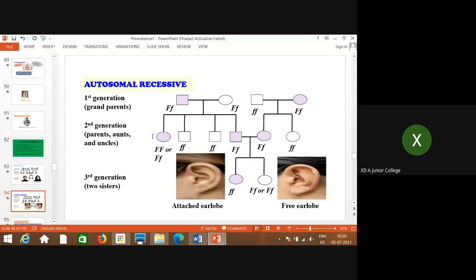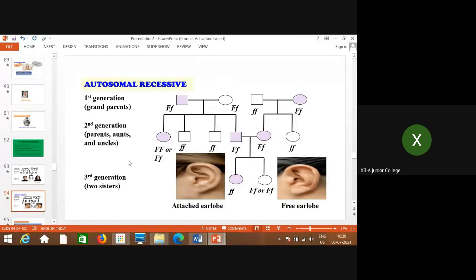Now, another example of autosomal inheritance, but in the recessive condition, we will see is the attached earlobe or free earlobe. When you observe your earlobes, if they get directly attached here, then that is called attached earlobe. And when this part is free, that earlobe is free, this is called free earlobe.